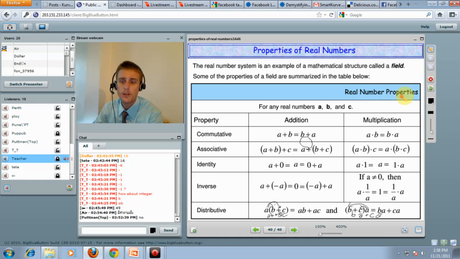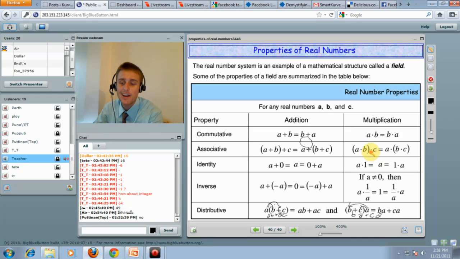Okay, real number properties again. Briefly went over. For any real numbers A, B, and C, we have the commutative: A plus B equals B plus A. Multiplication, A times B equals B times A. Associative: A plus B plus C equals A plus B plus C, grouped differently.